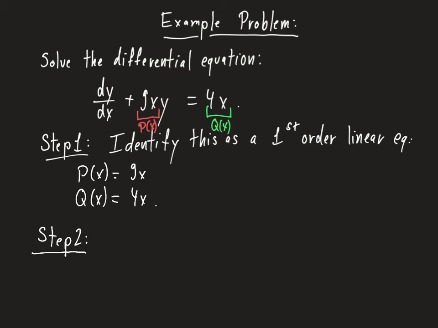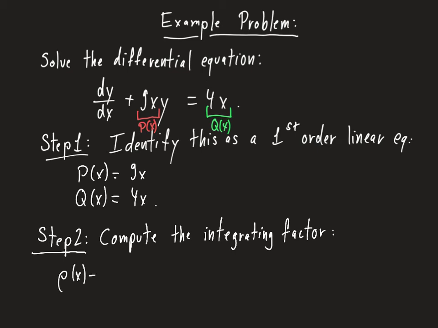Step 2 is pretty straightforward. Compute the integrating factor, which is going to be rho of x is equal to e to the integral of p of x dx, which is e to the integral of 9x dx, which is going to be e to the 9/2 x squared.